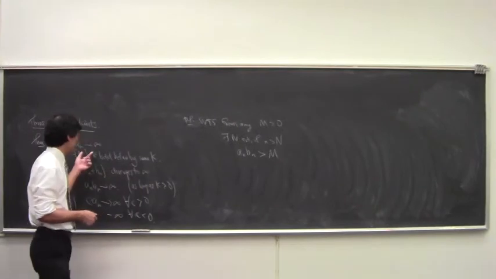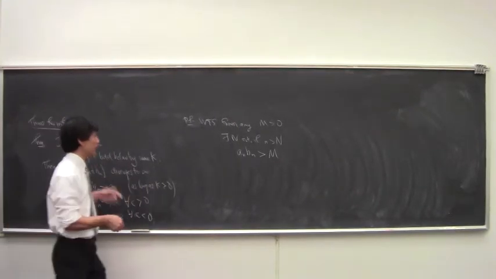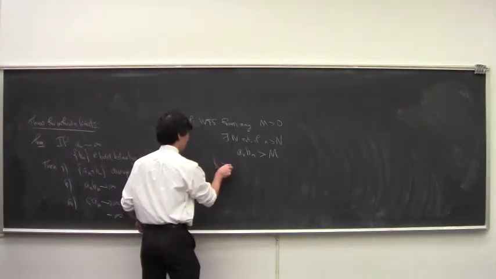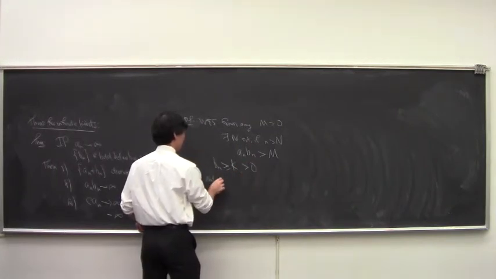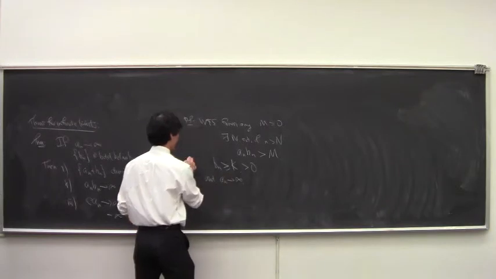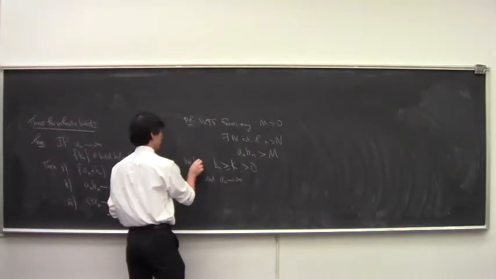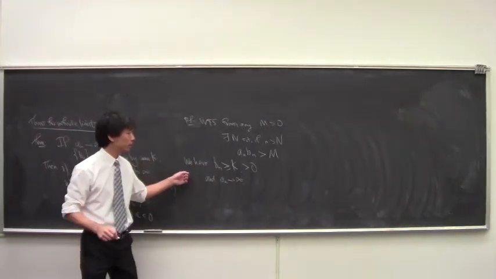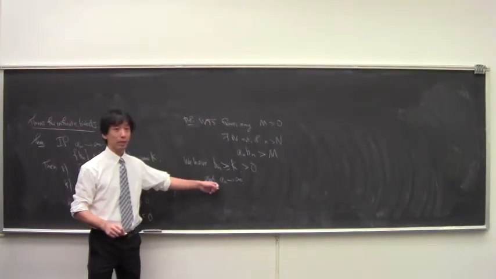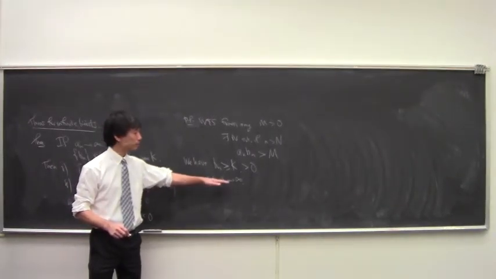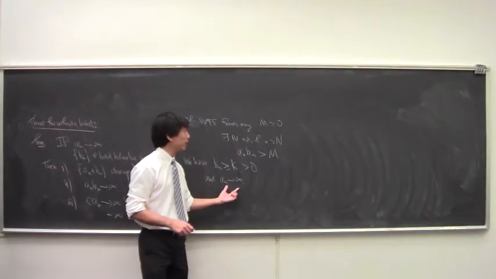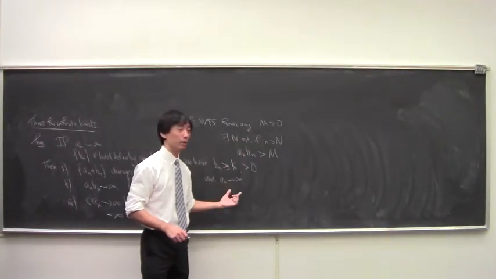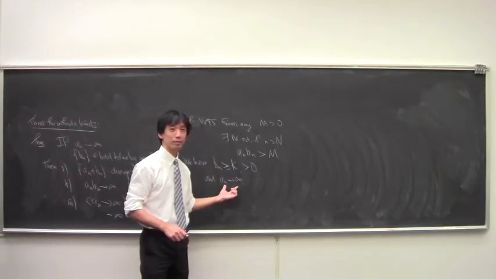The only thing we have is that b_n is bounded below by some k, which is positive, and we know that a_n goes to infinity. So we can play the m-N game for the a_n's.